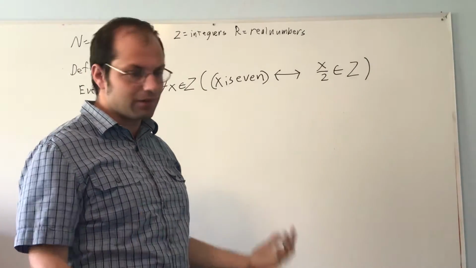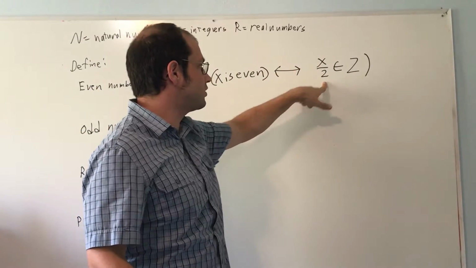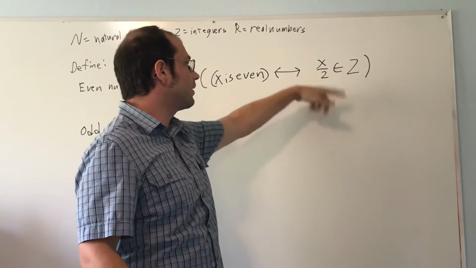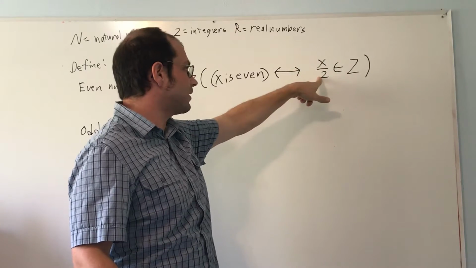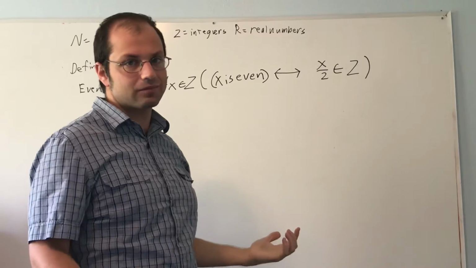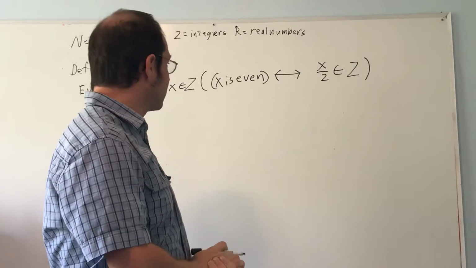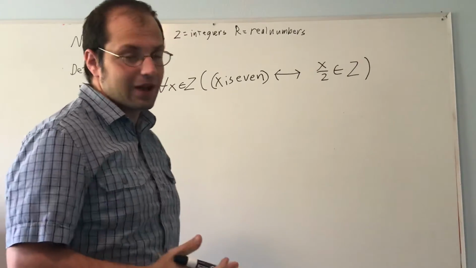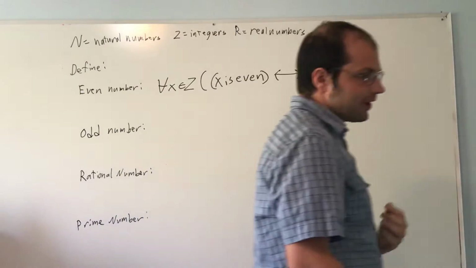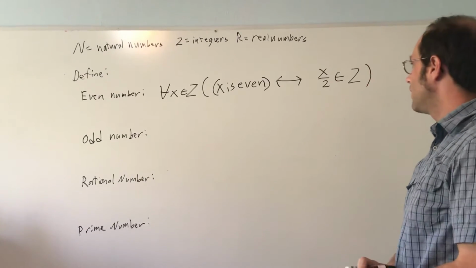It's an if and only if, because all even numbers, you can divide them by 2 and get an integer. And if there's a number that you can divide by 2 and get an integer, then that number's even. So that's one way that we could describe it. It's not the way that mathematicians usually define it, but it is one way to define it.